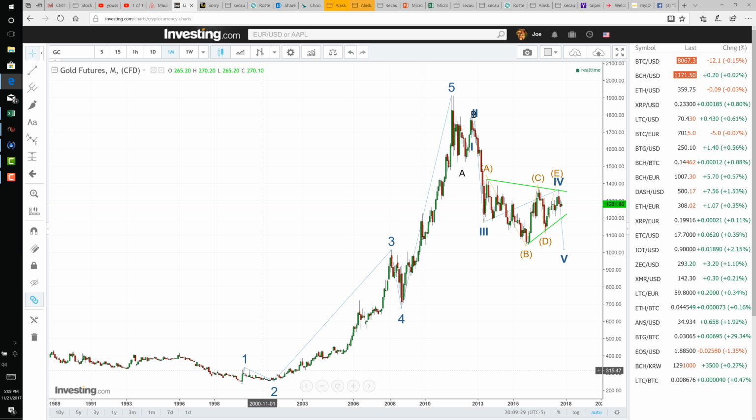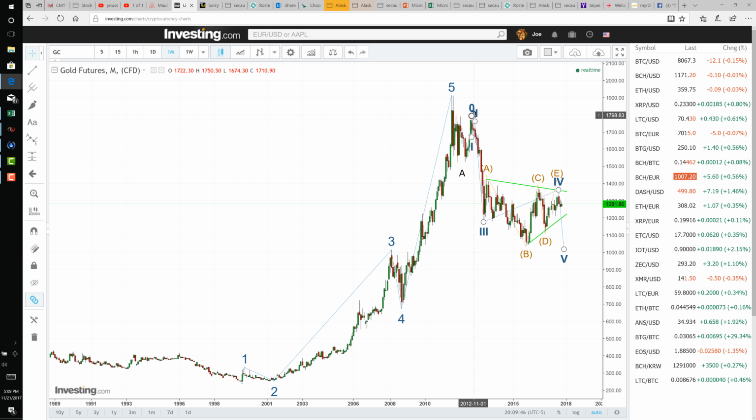Or this can be 1, 2, possibly 3, and then 4, where the 2 and the 4 line up on the trend line, and the top will be wave 3 and not 5.